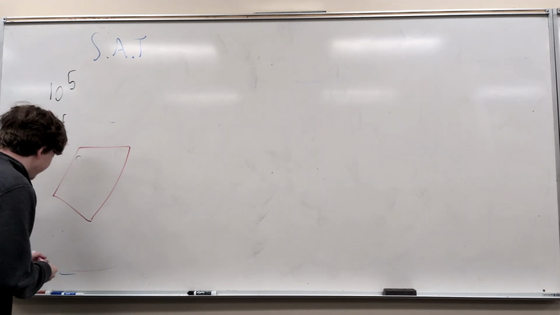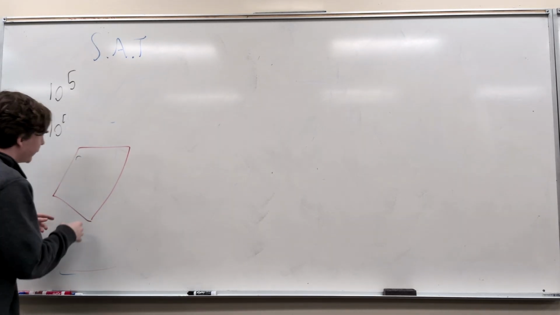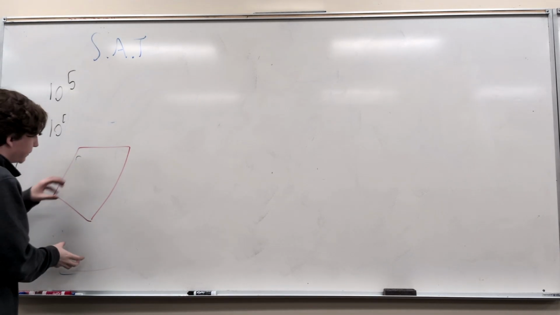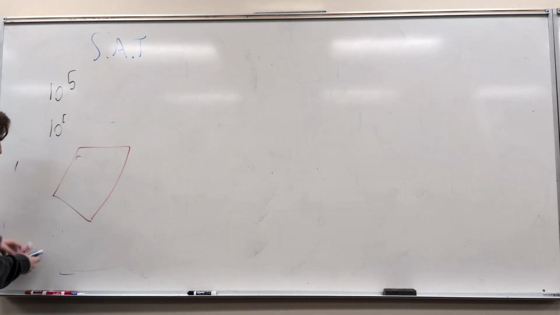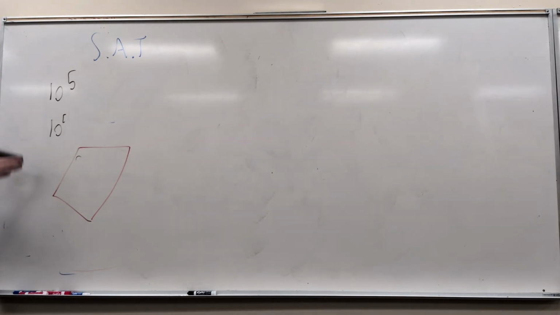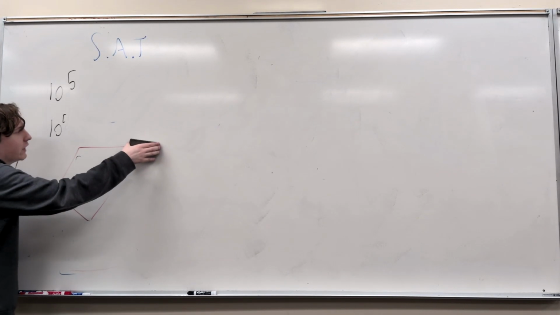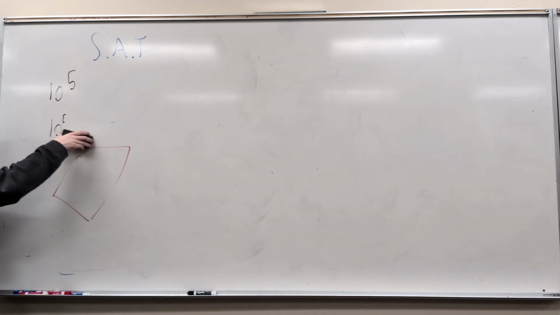A Minkowski sum is if we have two polygons, and we take one polygon and move it around the other and get that corresponding shape.